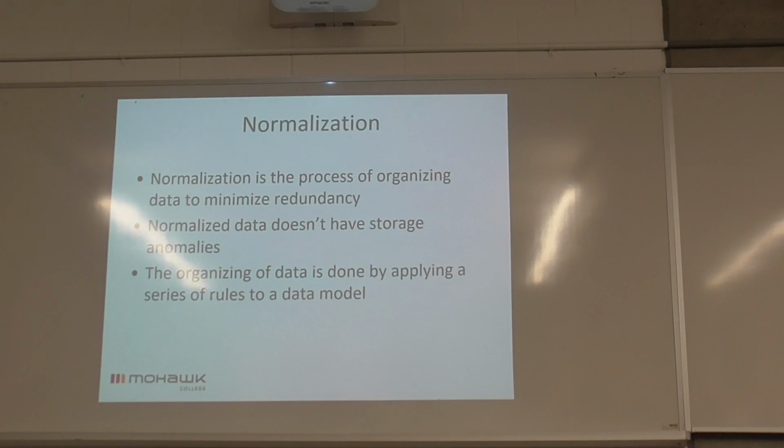Up to now, we have not been doing this in a process-oriented way. We've simply been squinting at a table and saying, yeah, that could probably be its own table, right? This is where we bring in the formalized, rules-based process.